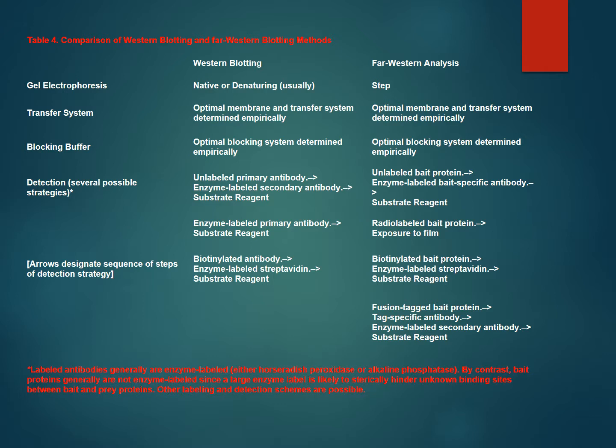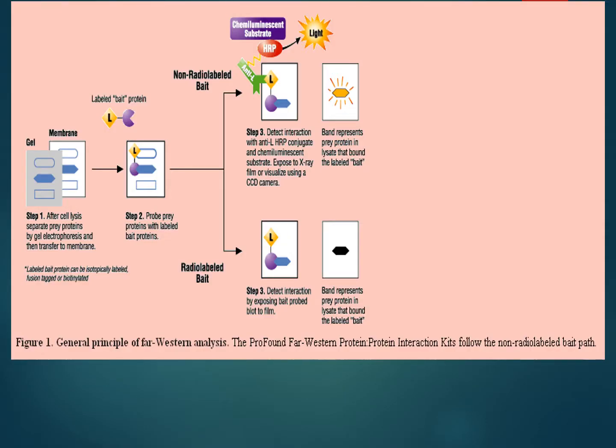This is just for your knowledge to compare western and far western here. And some company had this, selling a kit. Here's the protein separated by electrophoresis and transferred to the membrane or blotted. And then the bait protein is labeled with some, this could be radioactive, could be an enzyme, and then you allow the probe to bind.